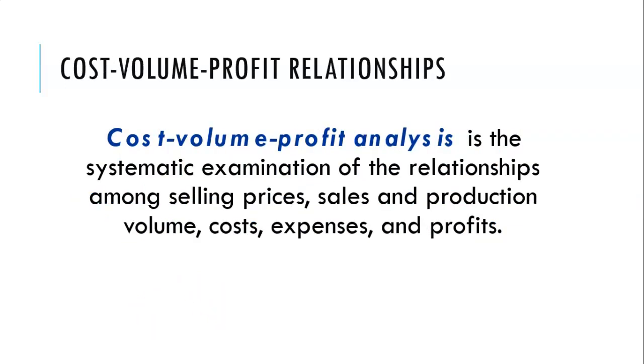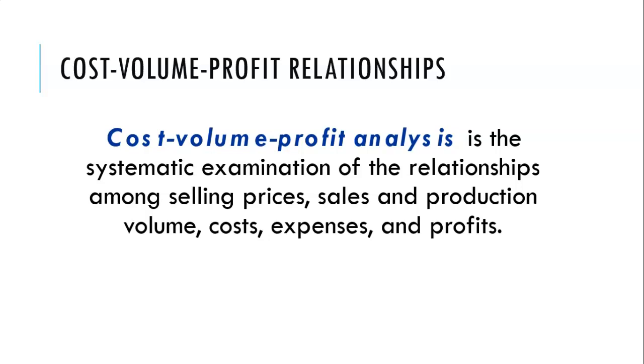Cost, volume, and profit are three different things. Costs are the costs that we incur for the products. Volume is how many we are selling of the products. And profit is our operating income.